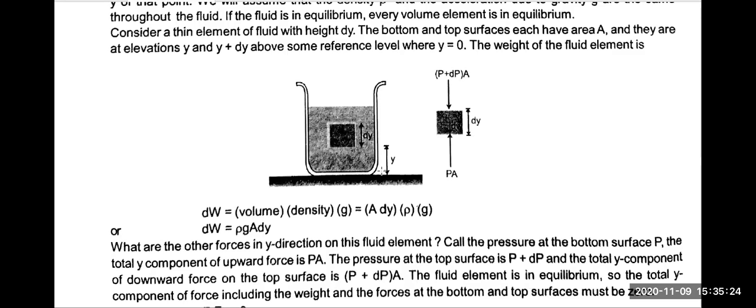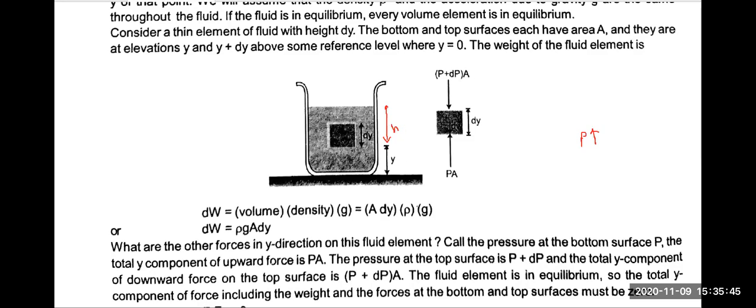Now if the height is considered from the top, then as h increases, pressure will increase.